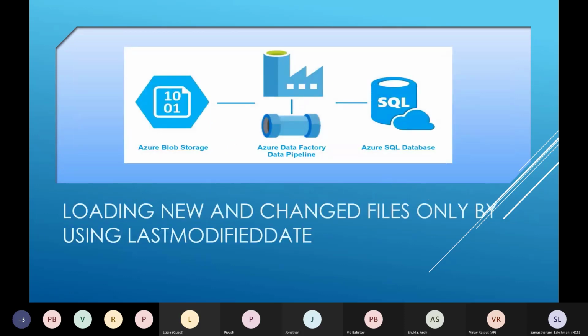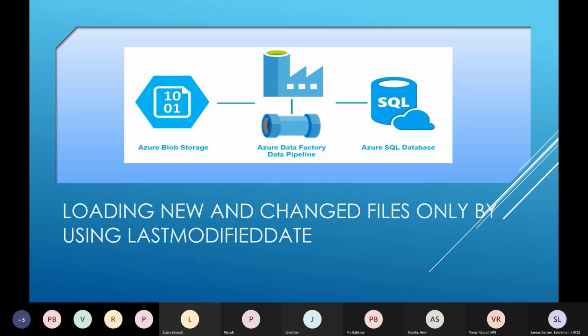That one is for SQL or tables, from one database to another database. And when you are using files, most of the legacy systems will be sending CSV files. So when you are using CSV files, based on the last modified date also, you can specify which one to pick up, which one to ignore.